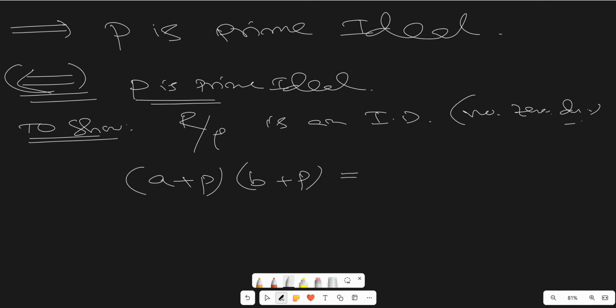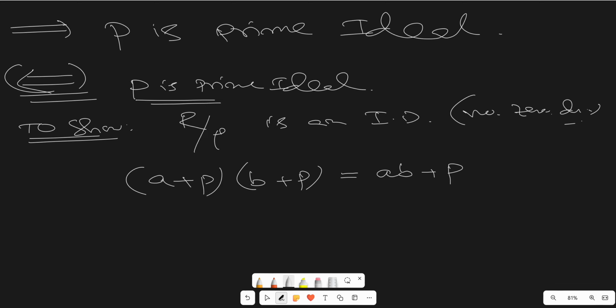This is actually ab plus P. So you have to show that this is an integral domain, right? Integral domain means you have to show this has no zero divisor.